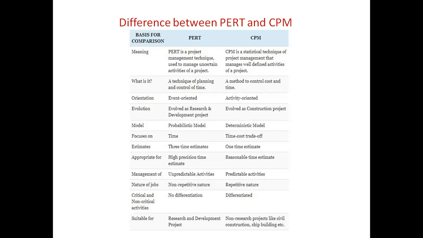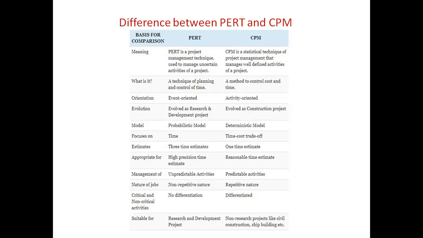So during the different trials, all the possible uncertainties were considered. That is why PERT has become the best technique for research and development type of projects, whereas CPM evolved for construction projects. During construction work, CPM was used as a technique.